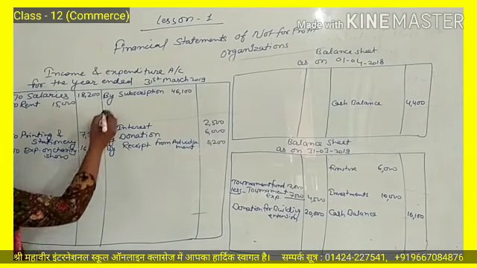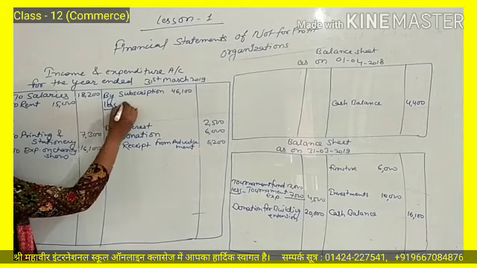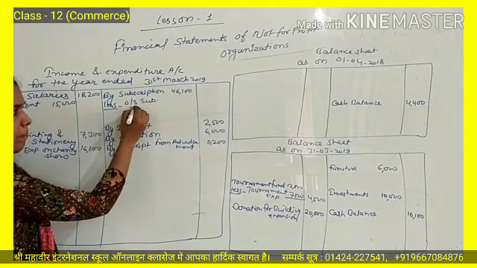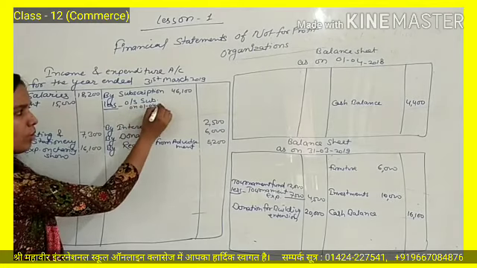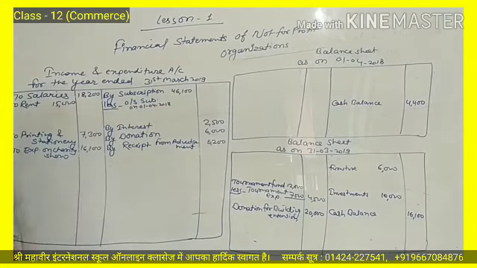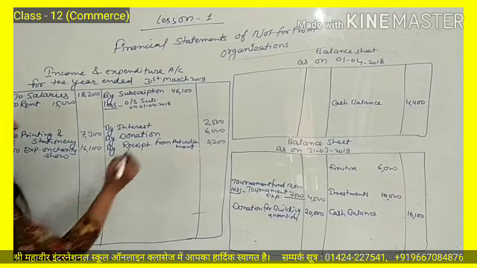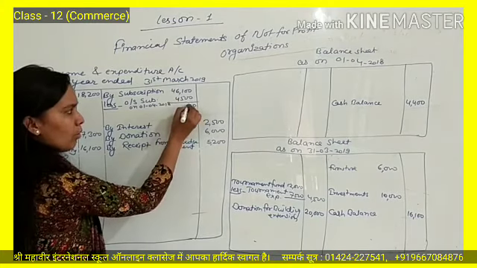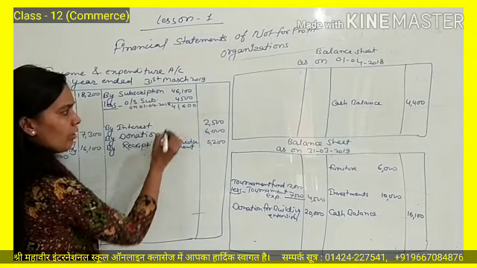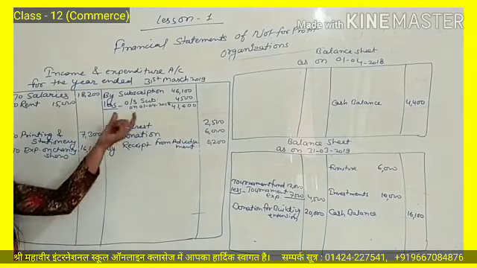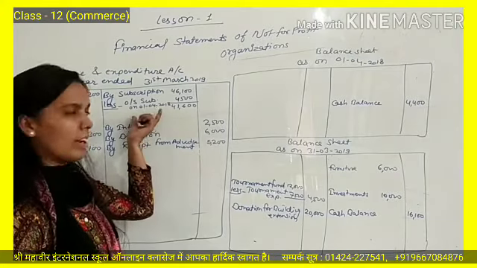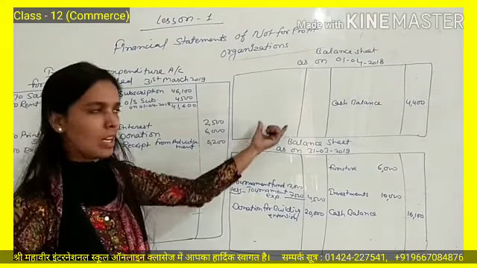So last year's outstanding is deducted: outstanding subscription on 1st April 2018, amount is 4,500. So the amount you got is 41,600. This 4,500 will also be shown in the balance sheet because this is related to last year and this is the balance sheet of last year.